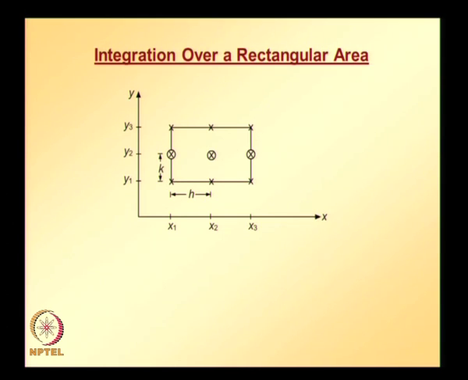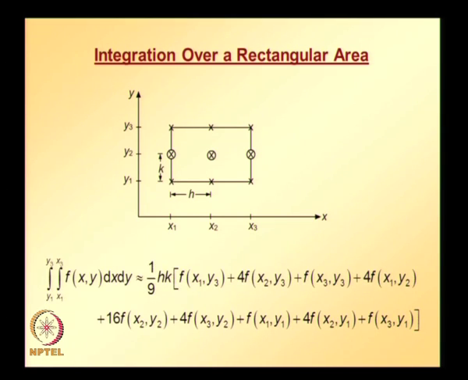Taking the Cartesian product of these 3 points along x direction and 3 points along y direction results in a total of 9 points, which are shown there, and the distance between the points is also indicated. The distance between points is x2 minus x1 is h, y2 minus y1 is k. So, with that understanding, applying Simpson's rule along x direction and y direction separately and taking the Cartesian product of that results in this.